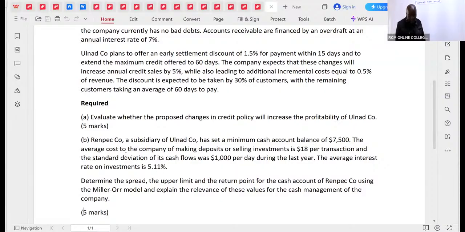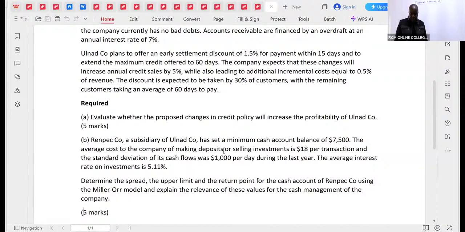The average cost to the company of making deposits or selling investments is 18 per transaction. The standard deviation of its cash flows is 1,000 per day during last year. And the average interest rate on investments is 5.11%.